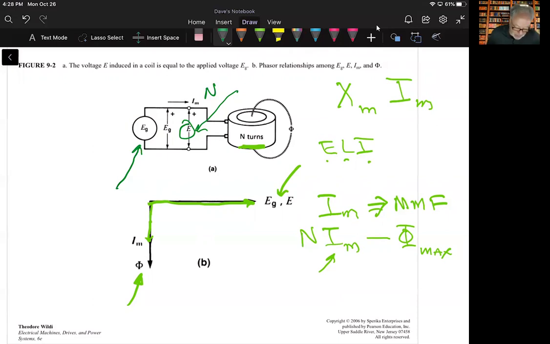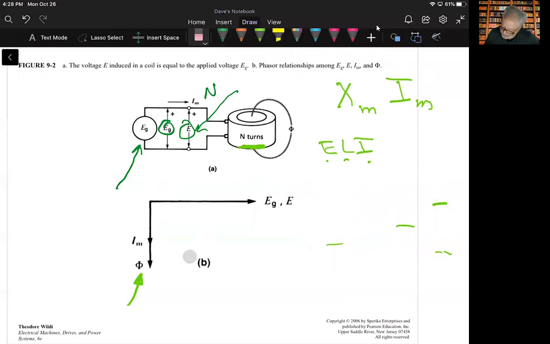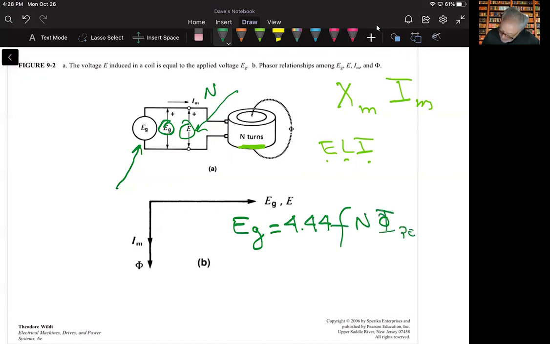Okay, the flux induces an effective voltage across terminals, which is given by our earlier equation 9.1. On the other hand, the applied voltage and the induced voltage must be identical in value because they appear between the same pair of conductors. So if they're identical, I can now write this equation as E sub G, as source, times this, because this has to be the same. It's just that this is called an induced voltage and this is a source voltage.